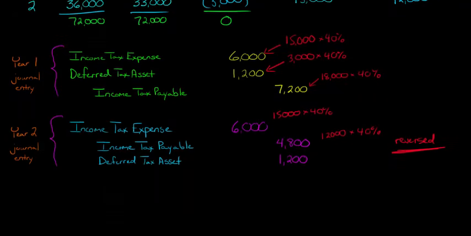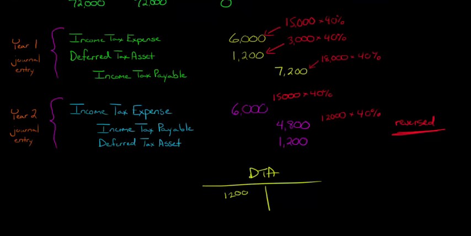Okay, so now because it's reversed, let's assume this was the only temporary tax difference for your firm. If we were to think about a T account and say deferred tax asset, it would have gone up in period 1, so we would debit it for $1,200, and then in period 2 we would credit it for $1,200, so it ends up at 0.